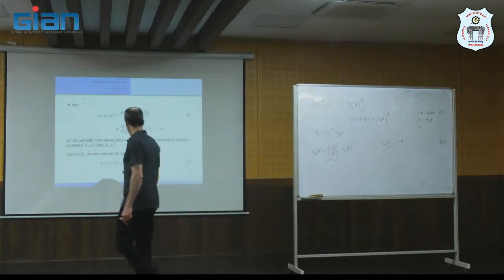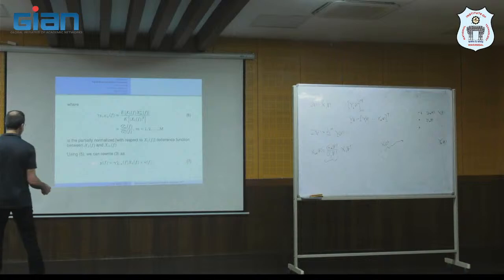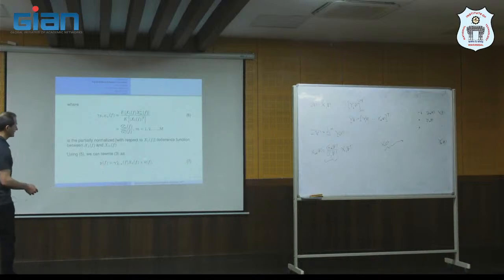Now, after I define the problem like this, I assume that I know the coherence function, or generally I will call it the steering vector. This is a vector that contains all measurements for the frequency f from all the sensors.